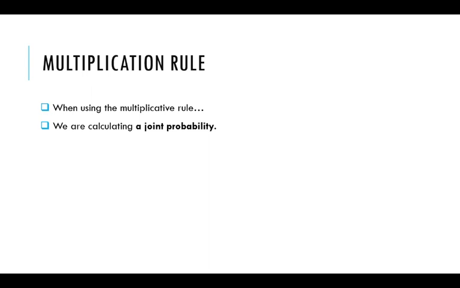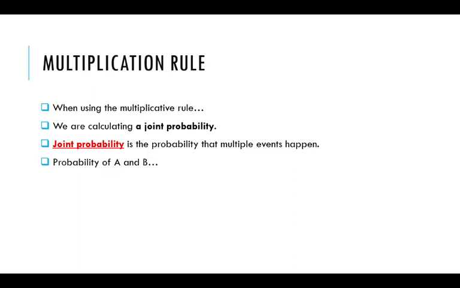So when using the multiplicative rule or the multiplication rule, as I said a minute ago, we're calculating a joint probability. So what do I mean by joint probability? Well, a joint probability is the probability that multiple events happen. It's the probability of A and B. So before we looked at or, now we're looking at and. So for or we use the additive rule, and for and we use the multiplication rule.